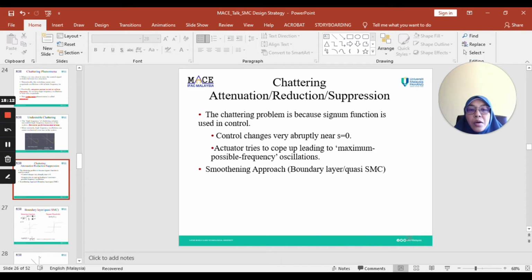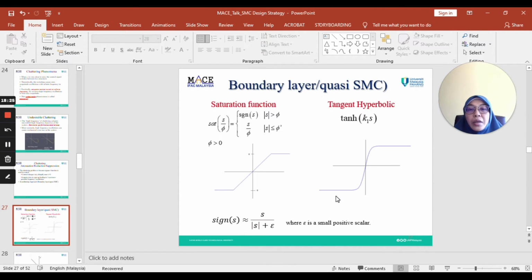One way is by using a smoothing approach, which some people call a boundary layer, and it is also called quasi sliding mode control. In this approach, we replace our signum function with this saturation function.